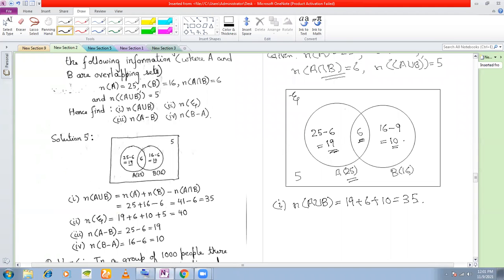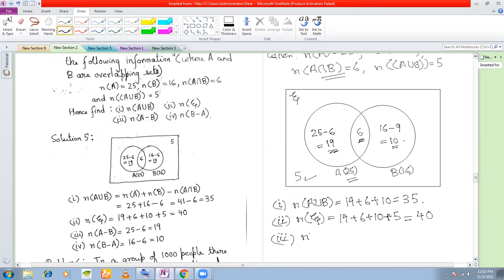Clear with this? The cardinality of the universal set should be 19 plus 6 plus 10 plus this 5 also, all the elements that are within the rectangle. So this will be 40.